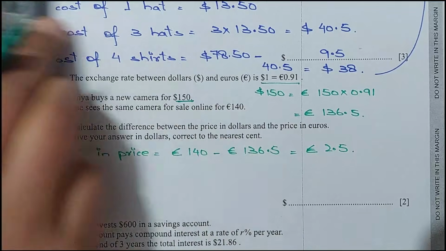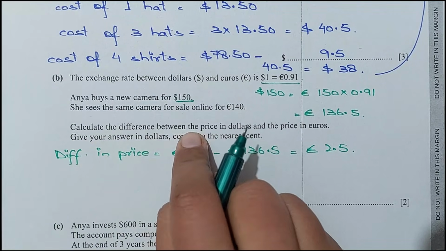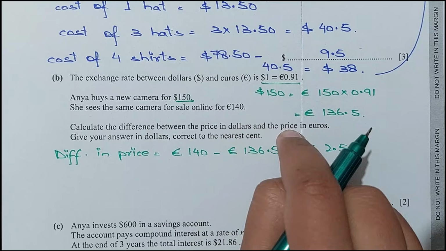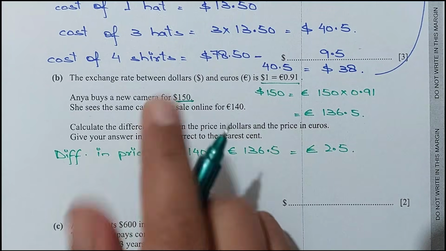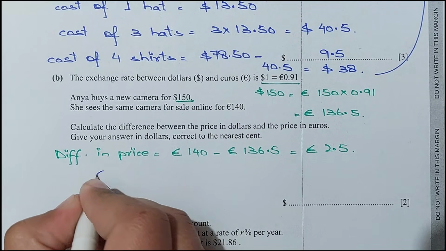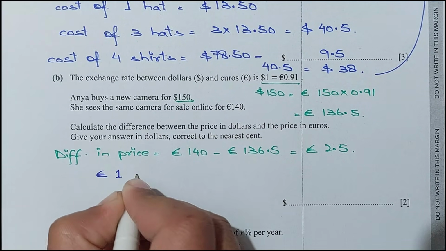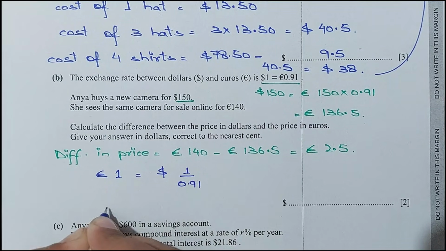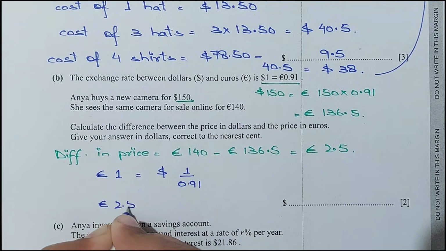This would be the difference in euros, but they said to calculate the difference between the price in dollars and the price in euros, and give the answer in dollars, correct to the nearest cent. We have to convert this into dollars. According to the exchange rate, 1 euro in terms of dollars is 1 over 0.91. What about 2.5 euros?